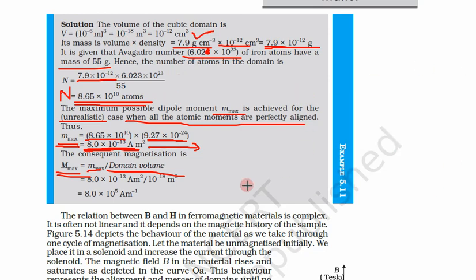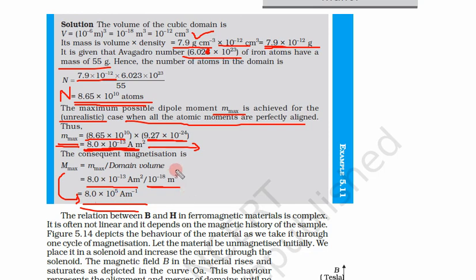So let us put in all these values: 8.0 into 10 to power minus 13 ampere meter square divided by the volume of a domain, 10 to power minus 18. So what is M max? M max is 8.0 into 10 to the power 5 ampere per meter.